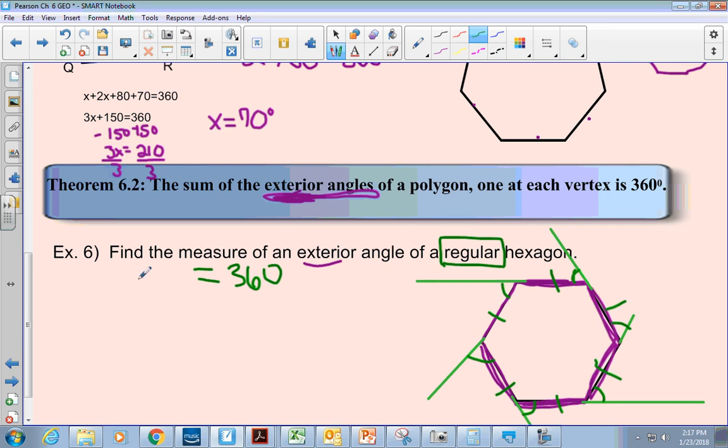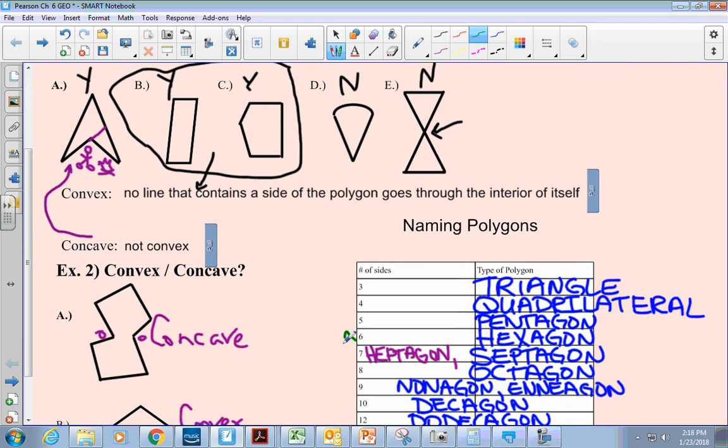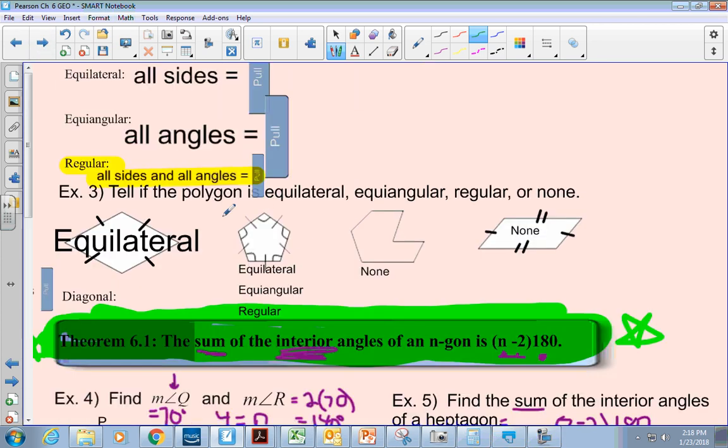So we're going to say that the exterior angle is equal to x. And how many of them are there in a hexagon? 6. It is 6 on your chart.